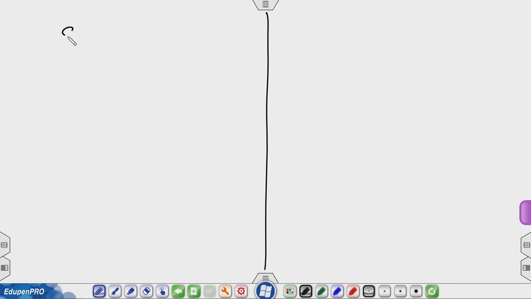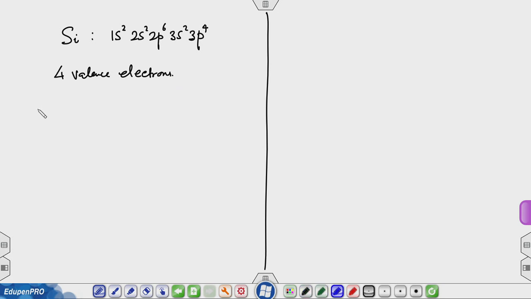Now, you see silicon has electronic configuration 1s2, 2s2, 2p6, 3s2, 3p2, 4 valence electrons. Compare this with the atoms adjacent to this in the periodic table. So, let us look at phosphorus. Phosphorus has 15 electrons.